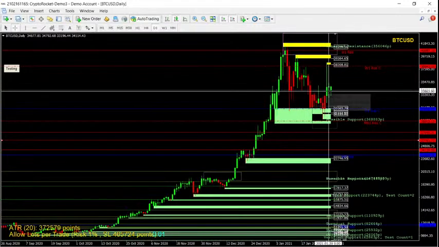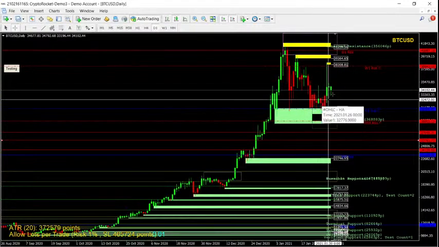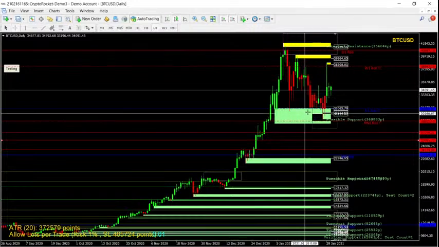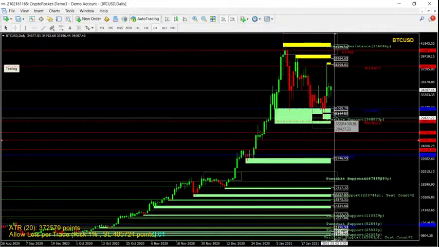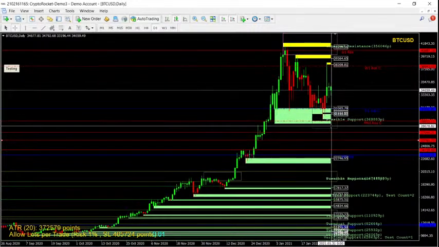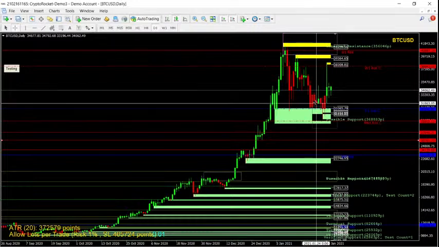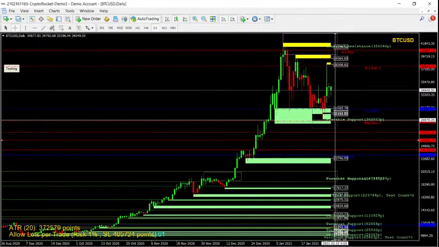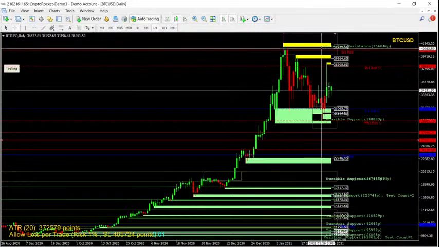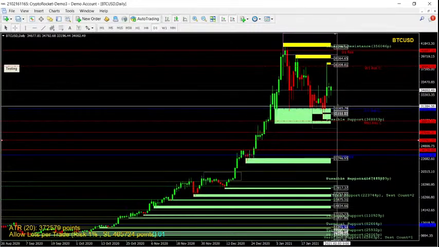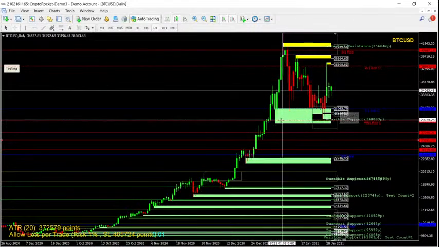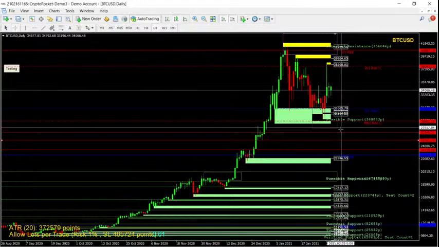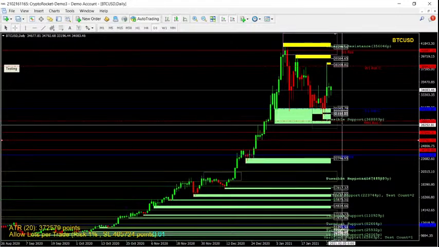Now this is starting to look like accumulation, reaccumulation to be fair. But as I said, look here. This is nested demand, and we have a daily demand that just popped up here. So that's a good sign. That spike created this daily demand here. That's a good sign, but it's all nested.